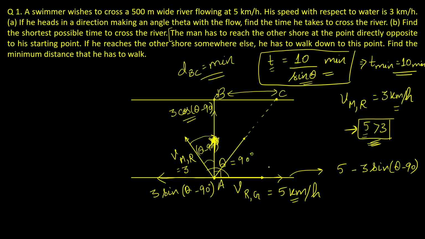That's why it is not possible for this swimmer to reach directly at point B, and that's why this swimmer is going to reach some point C, and from there he has to walk to point B. So we need to find this minimum distance BC. So let us find out. Actually, we already know the time. Supposing at an angle theta, we already know the time, that is 10 upon sine theta, the general time to reach from this shore to that shore, while considering the velocity in the y direction, which is 3 cos of (theta minus 90 degrees).